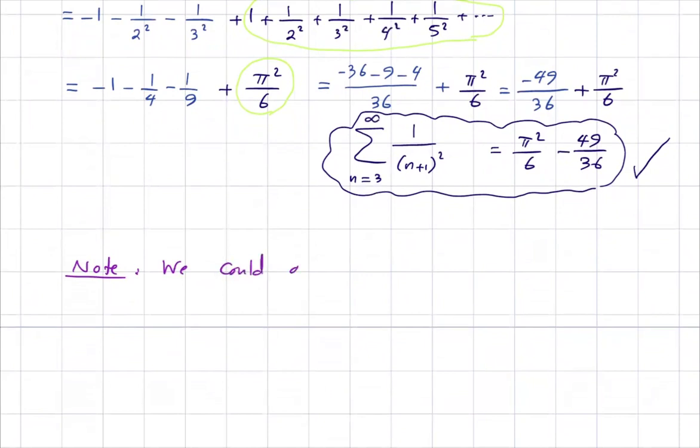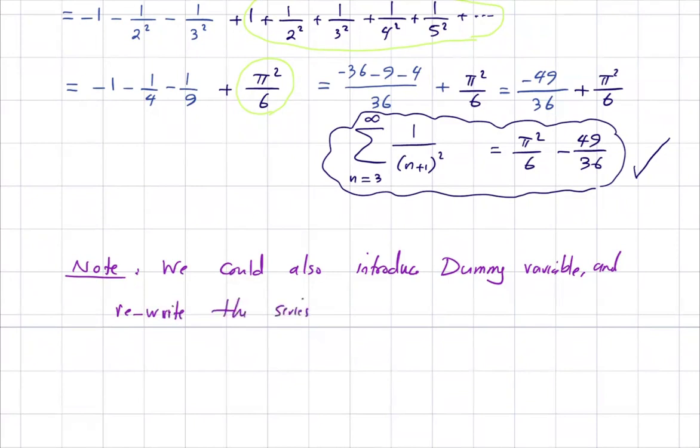We could also introduce a dummy variable and rewrite the series as below. So here you have the series of 1 divided by (n plus 1) to the power 2, n starts from 3, goes to infinity.